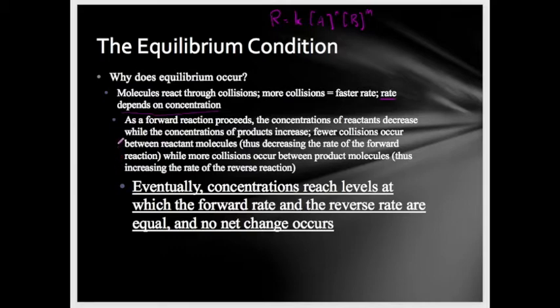Fewer collisions occur between the reactants, therefore the forward reaction rate drops, while the rate of the reverse reaction is speeding up because we're making more products and we get more collisions occurring, and therefore the rate of the reverse reaction increases. And eventually the forward and the reverse rate will become equal to each other. This slide is just explaining in words the graphs on the previous page, okay?